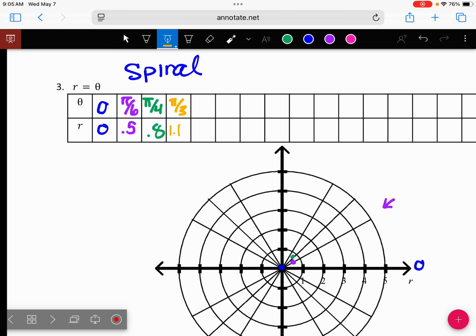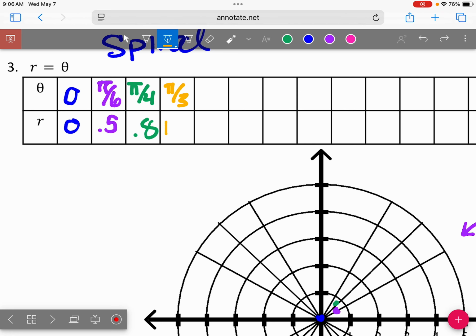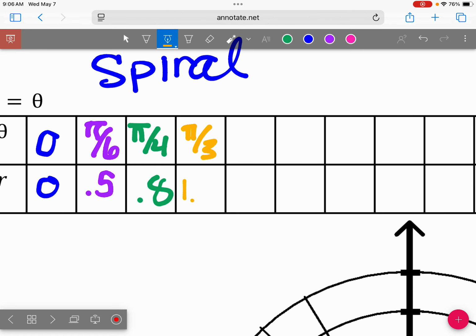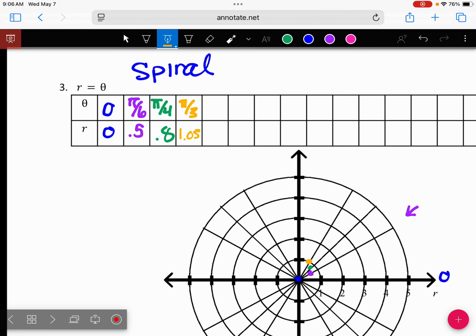Oh, yeah, you're right, 1.047. I think I had it as 1.05, and then I rounded from that. So 1.047, 1.05, or just 1. I think I had it written like that, and then when I remade the notes, I rounded from that. That's why I had 1.1. So I rounded off of a rounding, and that's bad.